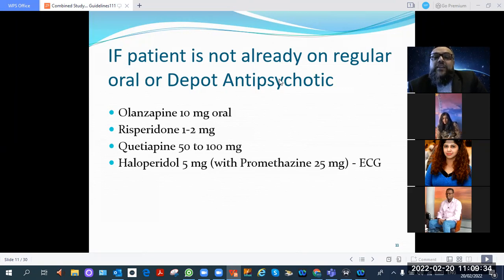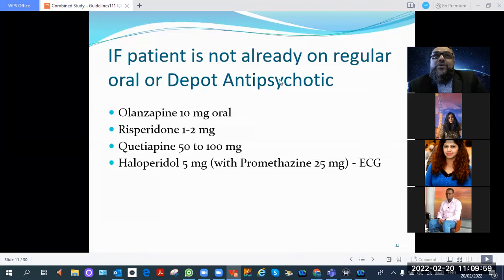Quetiapine, again, this is oral, so we're talking about oral, and we should try our best that the patient does take oral. Do not jump on the injection straight away. Do not jump on parenteral, and do not even jump on oral first.